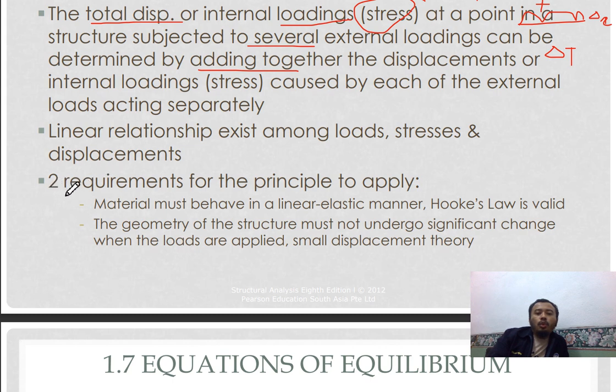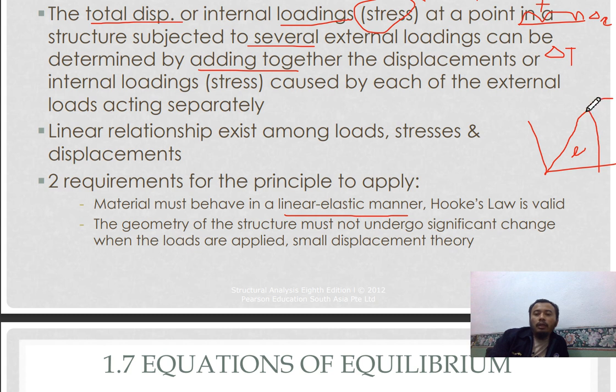Two requirements for the principle to apply. First, the material must behave in a linear elastic manner. As you learned before in strength of materials, you have a material that behaves within this elastic area.